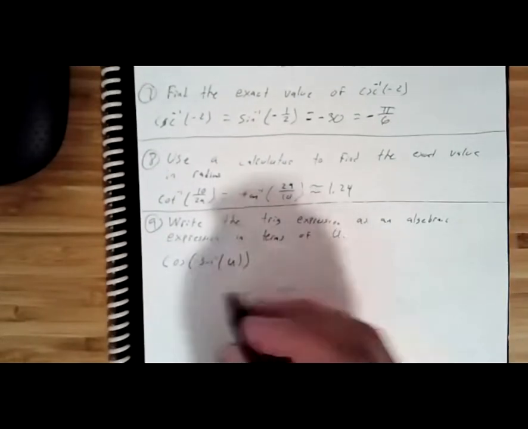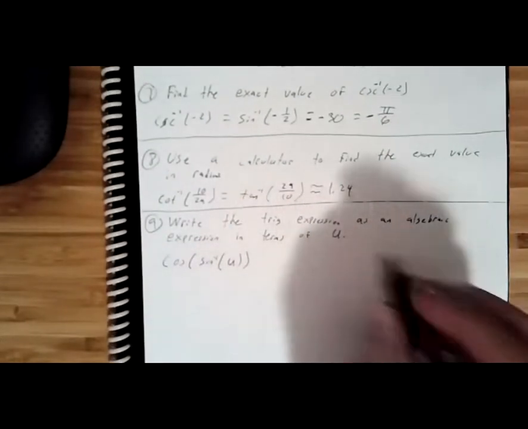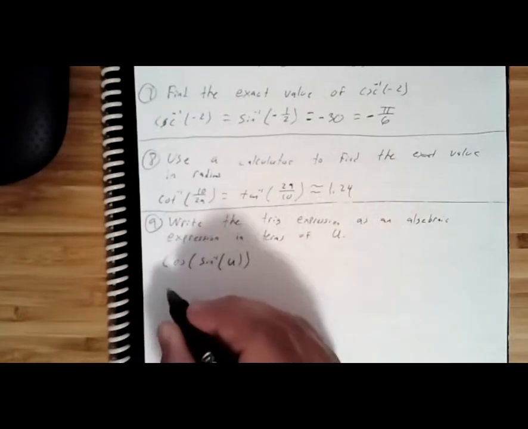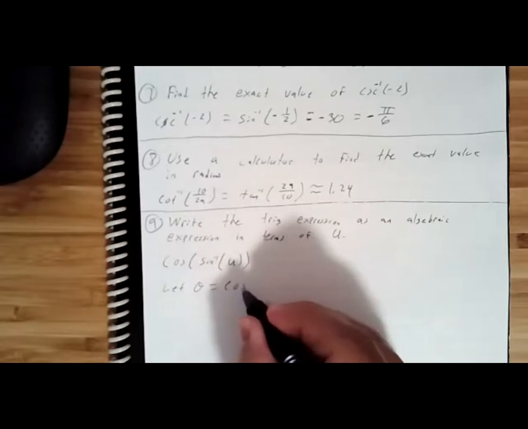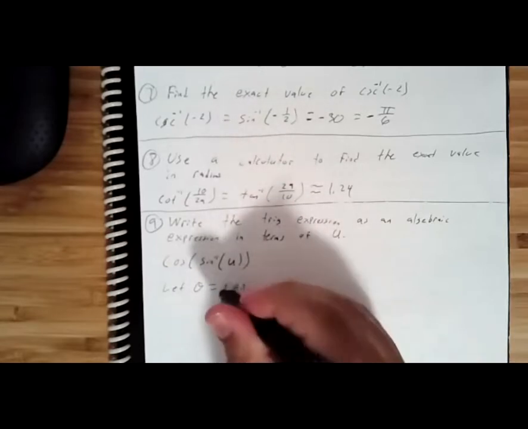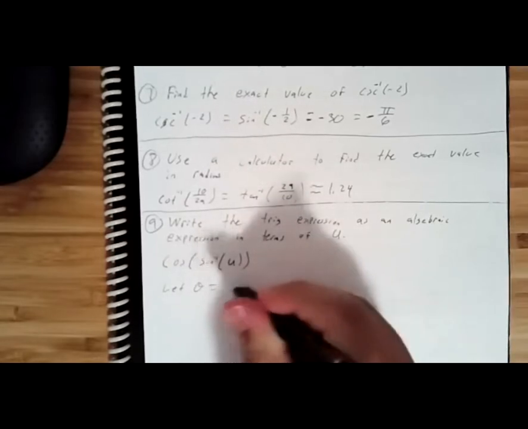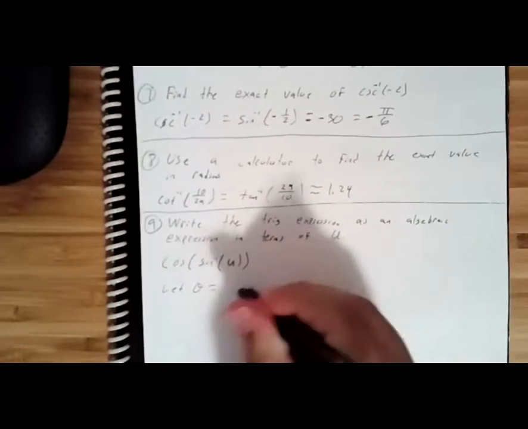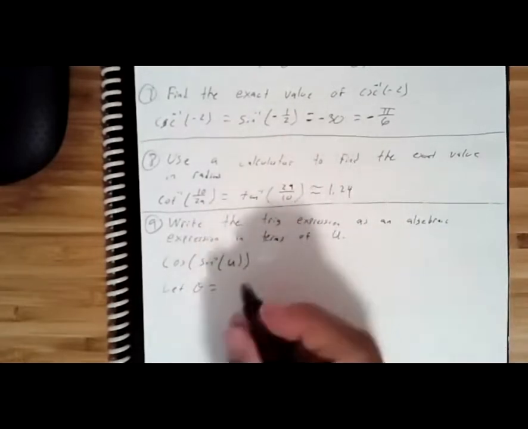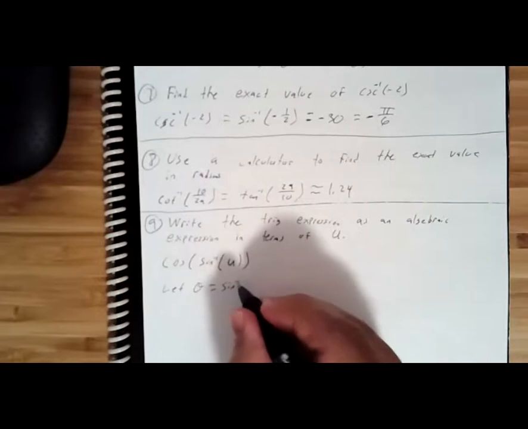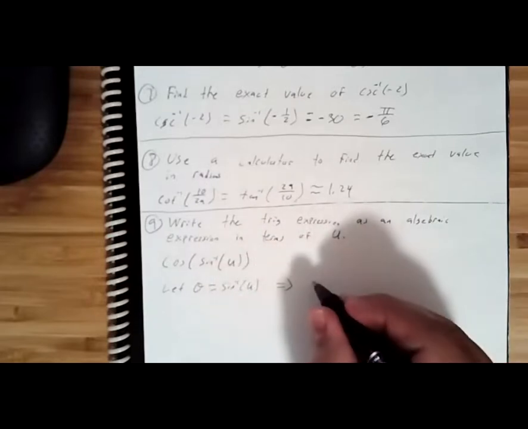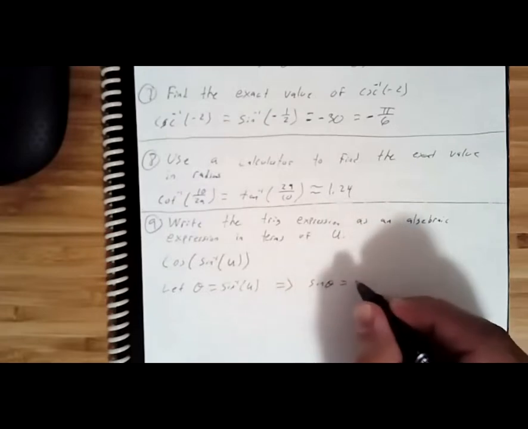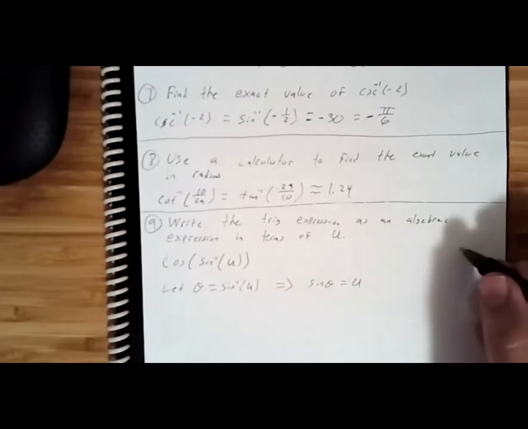So first thing you do is let theta equal sine inverse of U, and change that to sine theta equal to U using your definition.